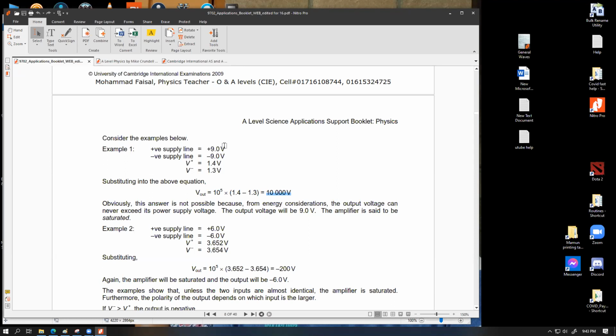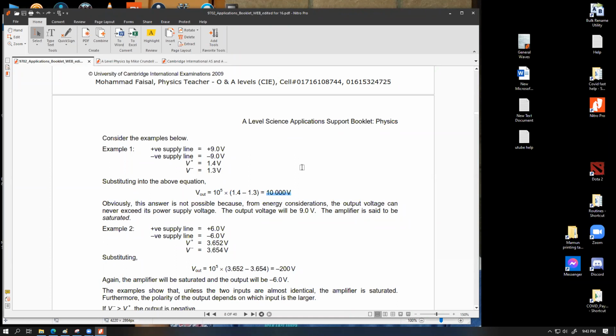Whenever the output of an op-amp reaches the maximum value of the supply, this is the state of the op-amp that we call saturated. This is something that we want to avoid for certain reasons, which I'm going to discuss next class. But this state, where the output of an op-amp becomes equal to the terminal or highest value of the supply voltage, is called the op-amp having become saturated.